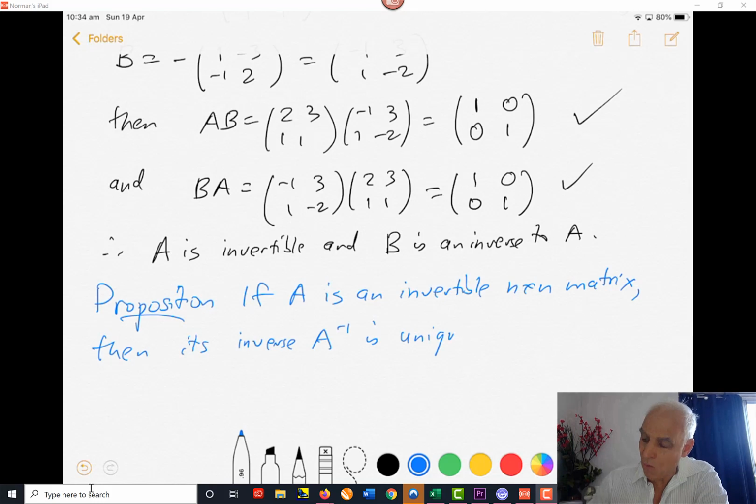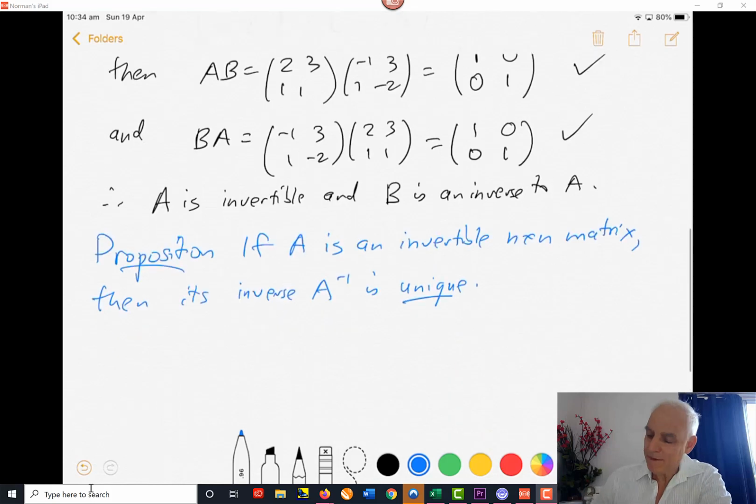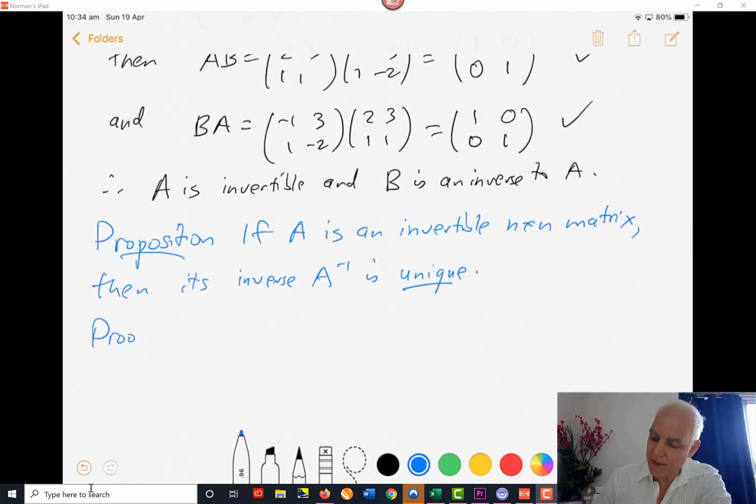There's exactly one inverse, not more. So what does that involve? It involves assuming that there are two possible inverses and then showing that they're actually the same.